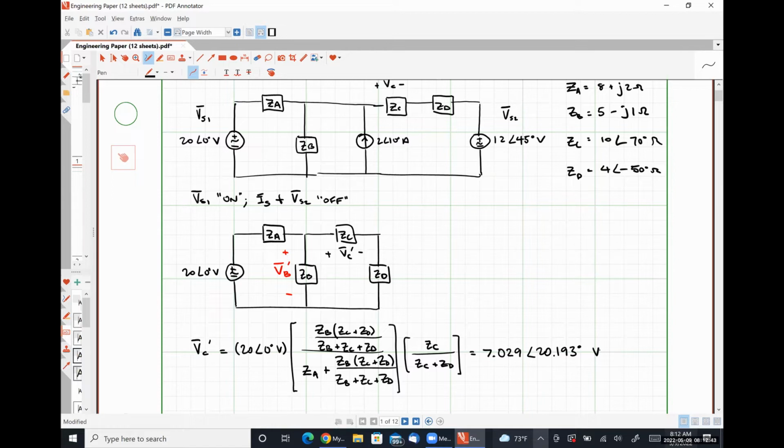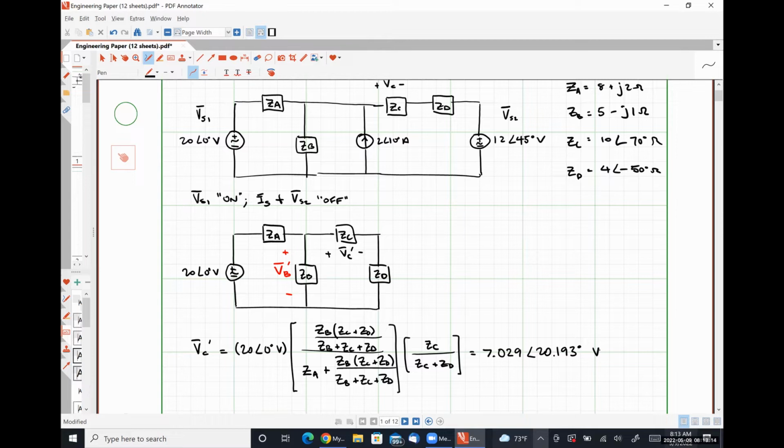And then again, a second application of voltage division, because once I know the voltage drop over impedance B in parallel with the series combination of C and D, I can then use voltage division one more time to get the voltage drop over just impedance C by itself. All right, so you're either all on board or all utterly confused. It's one or the other since nobody's saying anything. I'm going to assume you're on board.